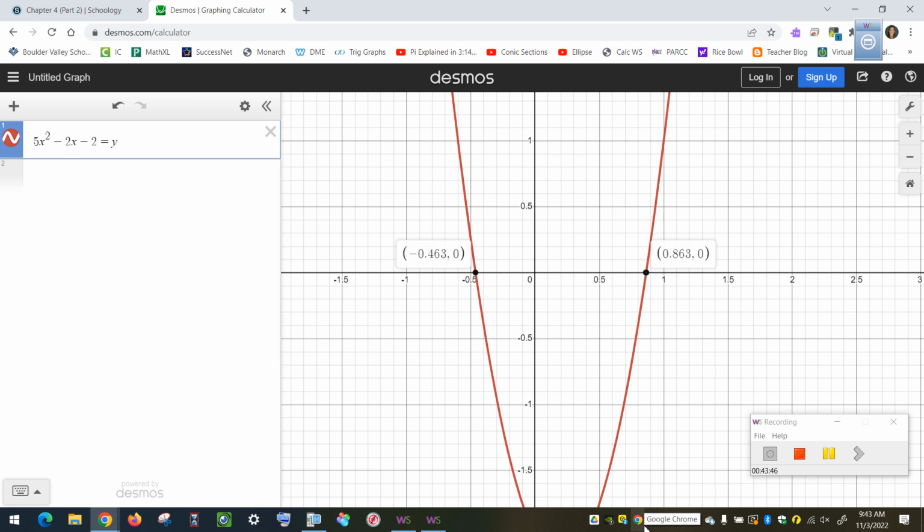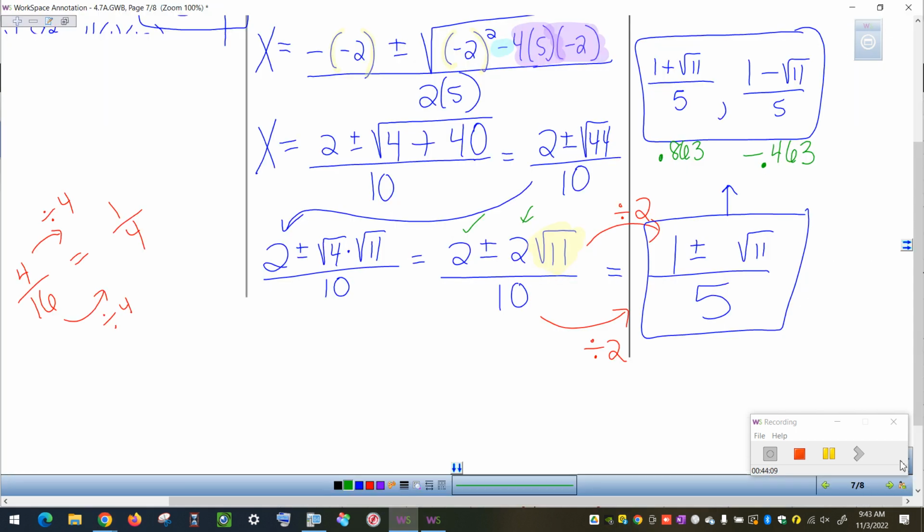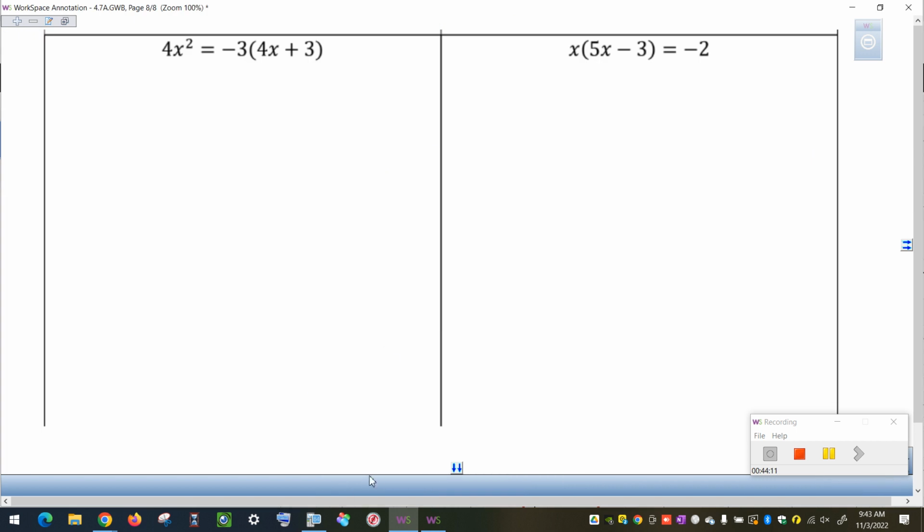So it really is 1 plus or minus square root 11 divided by 5. Sometimes x-intercepts are not pretty perfect whole numbers, and that's okay. That's just what we have going on with the second equation. So they are still the x-intercepts on the graph. Very cool. Okay, we're going to finish up here.